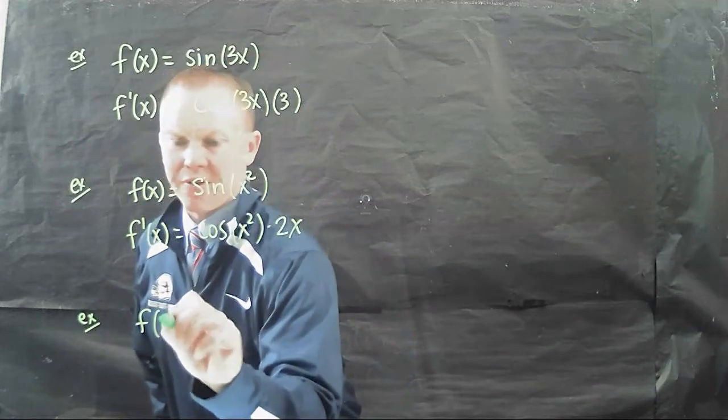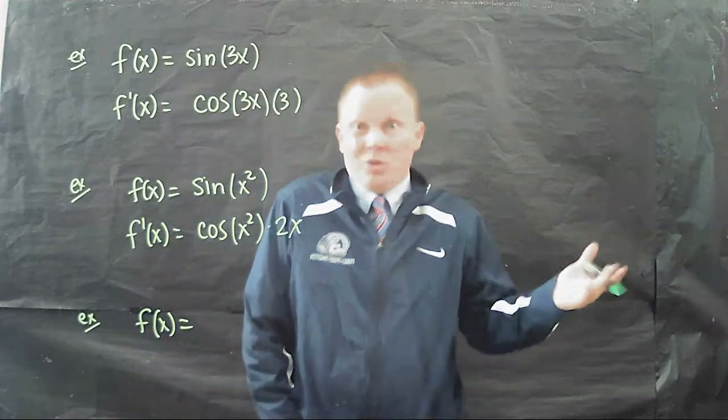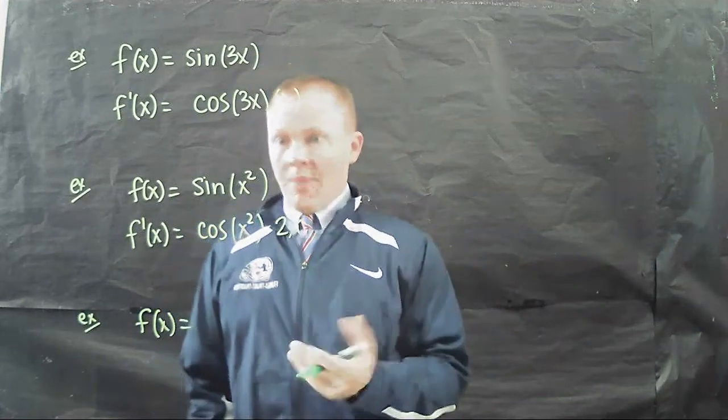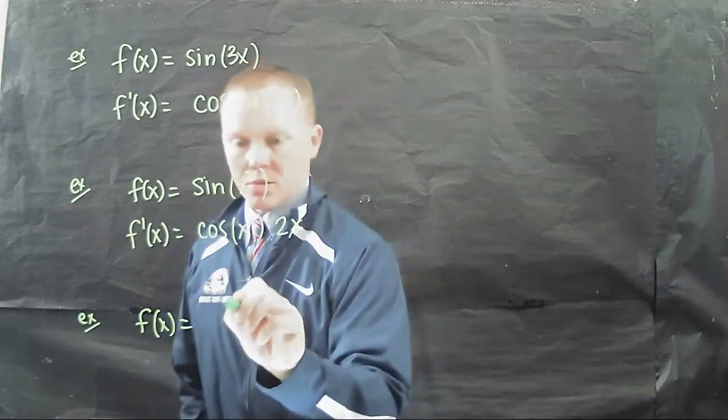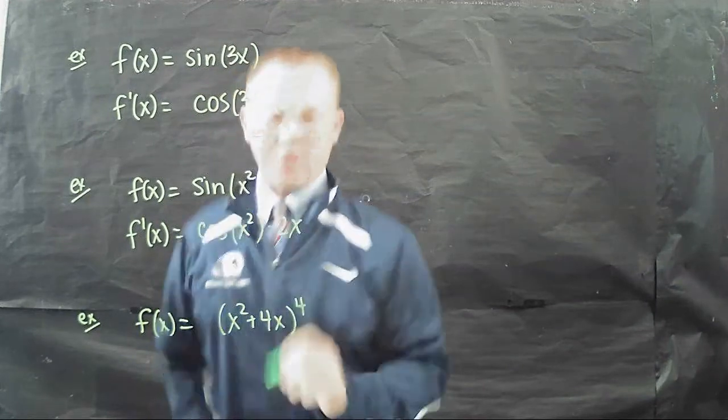I keep using f for our rule here, so hopefully you guys can go with it. If you want to mix it up and use g or h, knock yourself out. How about x squared plus 4x raised to the 4th power?